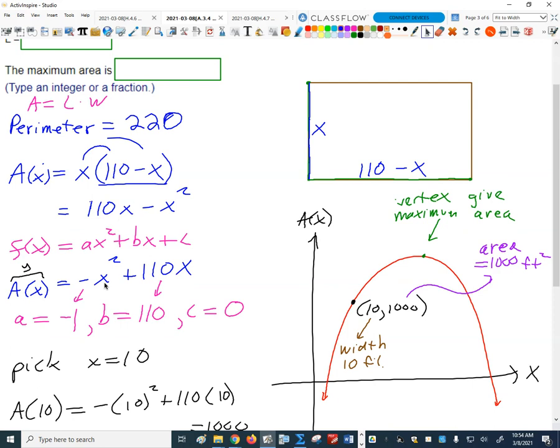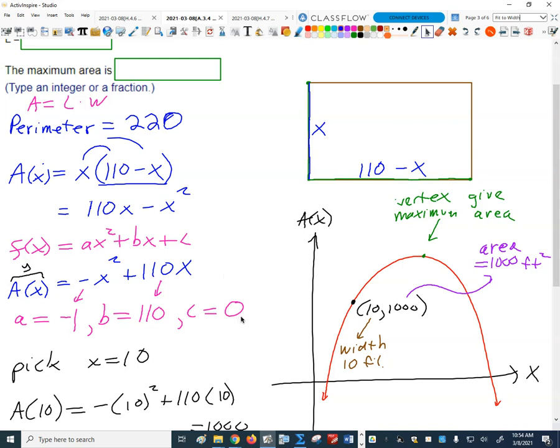If I put the x squared term first and the x term second, then it matches the standard form of a quadratic function, right? And what do we say then? Well, we know that a would have to be -1. That's the coefficient of x squared. B is 110 because that's the coefficient of x. And there is no constant, so c is equal to 0, right?